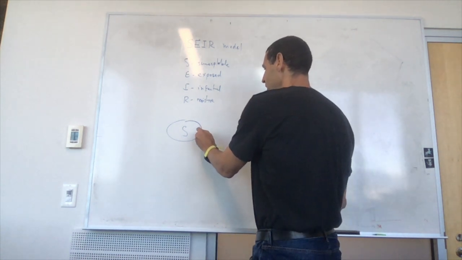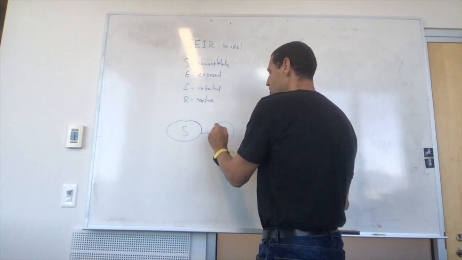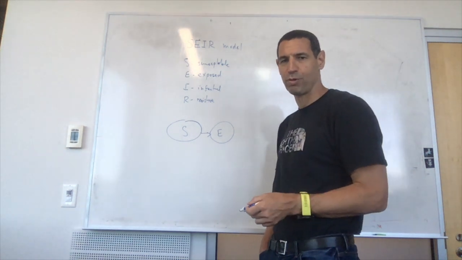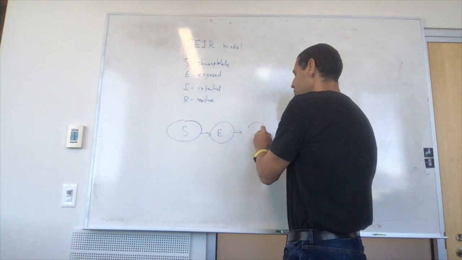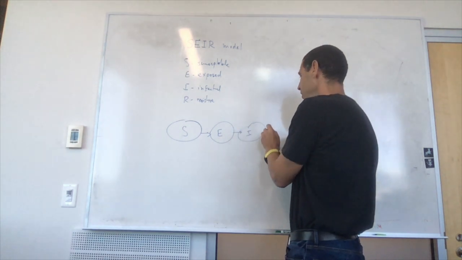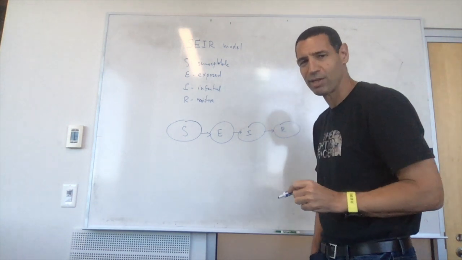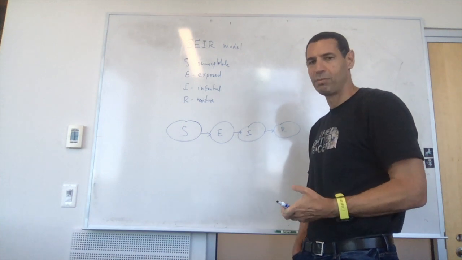Then the idea is that if you're susceptible, you can go to be exposed. In that case, you will carry the disease, but you're not going to actually be contaminating. From here, you'll go to infected, and then you'll be hopefully recovered and not dead. But these are the steps that usually happen, and we just want to model these kinds of things.